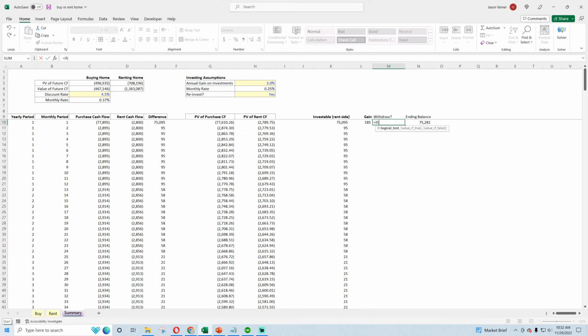And then if this equals no, not reinvested, then you just withdraw this amount. Otherwise, zero. Now, I can't think of a situation when you would withdraw. Usually, it's just all going to be reinvested.